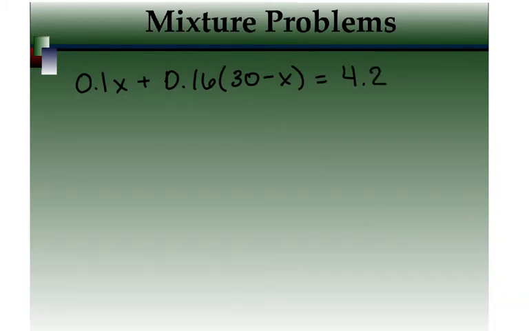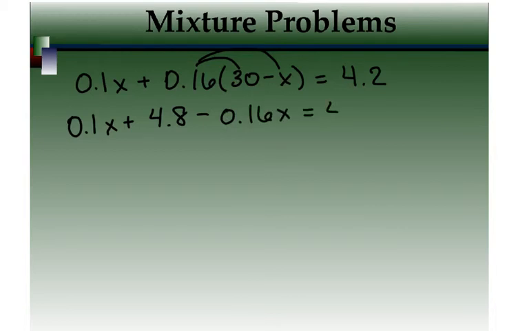Okay, so solve the equation, distribute, and that equals, let's see, 4.8, minus 0.16x equals 4.2. All right, now combine like terms.